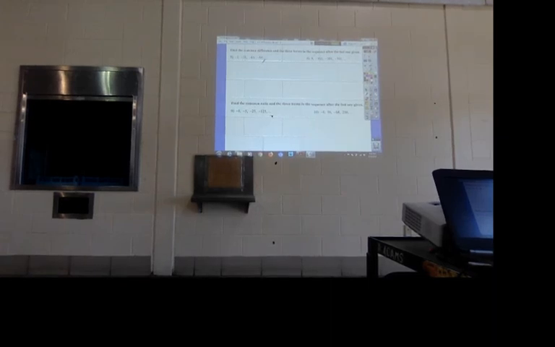You see the number 5 on your paper. They want us to find the common difference and the next 3 terms in the sequence after the last given one. So what's happening each time? Minus 30. So I could sit here and subtract 30.